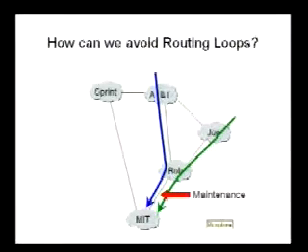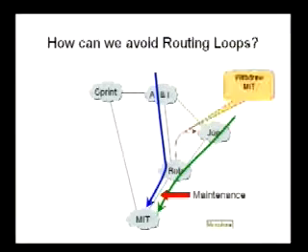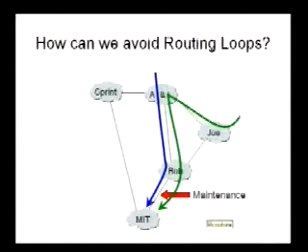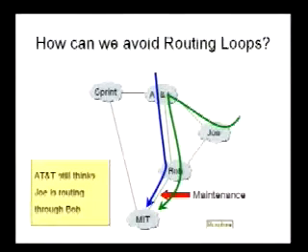So we're doing maintenance on the link between Bob and MIT. As a result of this, Bob sends out a withdrawal message to Joe. As a result of that withdrawal message, Joe immediately moves to his second best path, which is a path through AT&T. But at this point, AT&T still believes that Joe is routing packets through Bob.